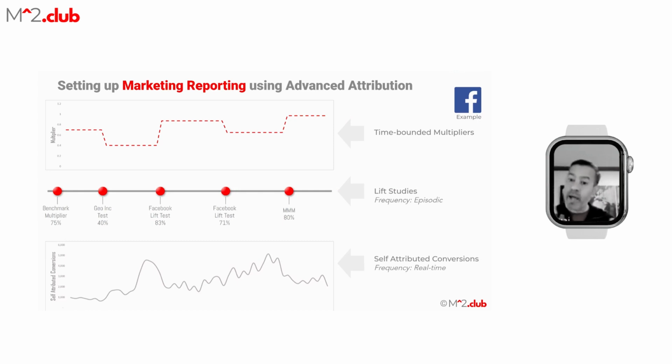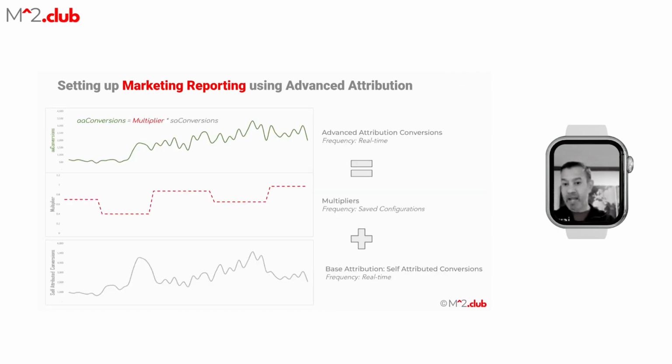So as we run these tests, we can calibrate multipliers on a seasonal basis and use those multipliers to report Facebook, in this particular case, on a real-time or daily basis.